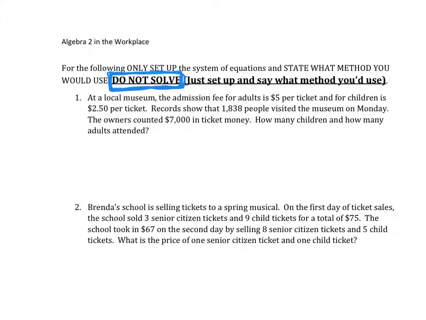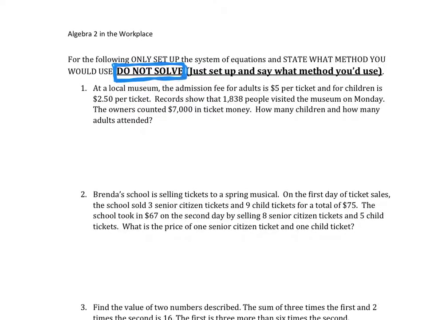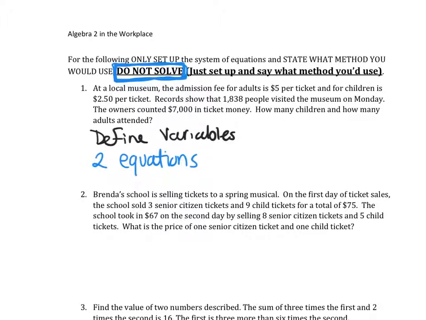All you're going to be doing is setting up your two equations for these word problems. That includes defining your variables. You have to tell me what x is representing and what y is representing, with units, and then you're going to write your two equations. That's all you're doing for this second page. You're not going to be doing any solving yet. So the first two pages, you're not solving.